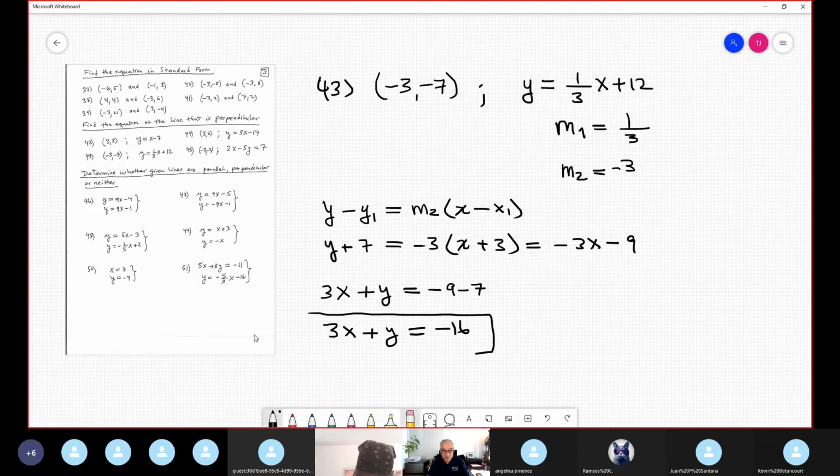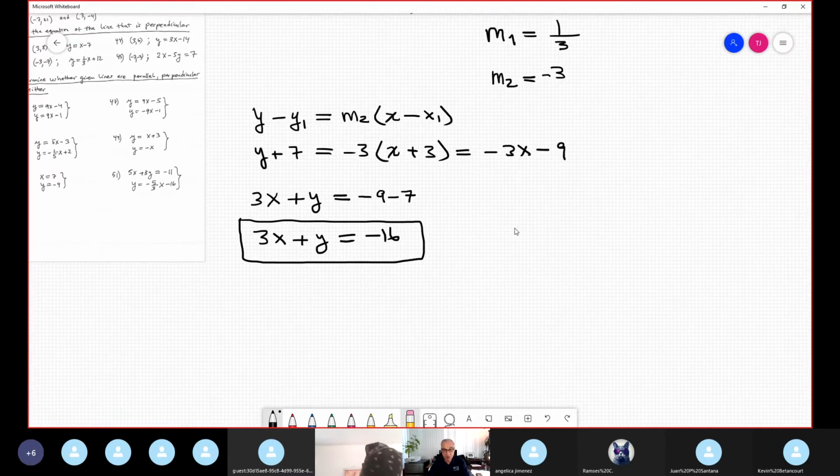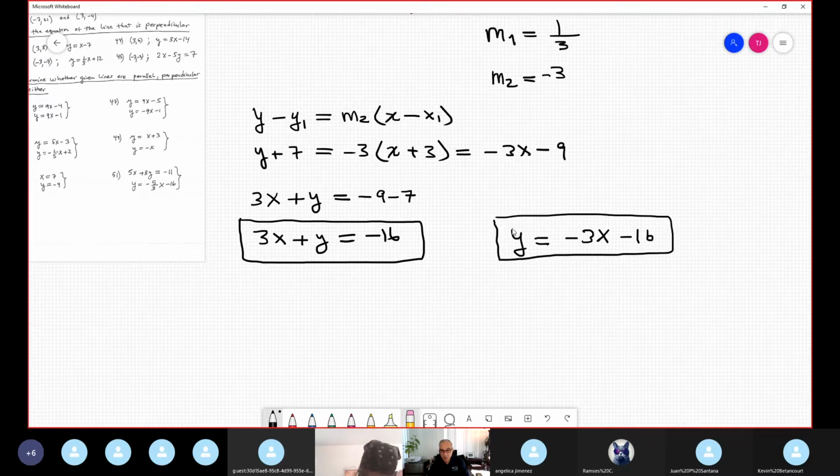Final answer in standard form. The final answer in slope-intercept form is easier, because the only thing you should do is solve for y alone: y equals minus 3x minus 16. Slope-intercept form and standard form.